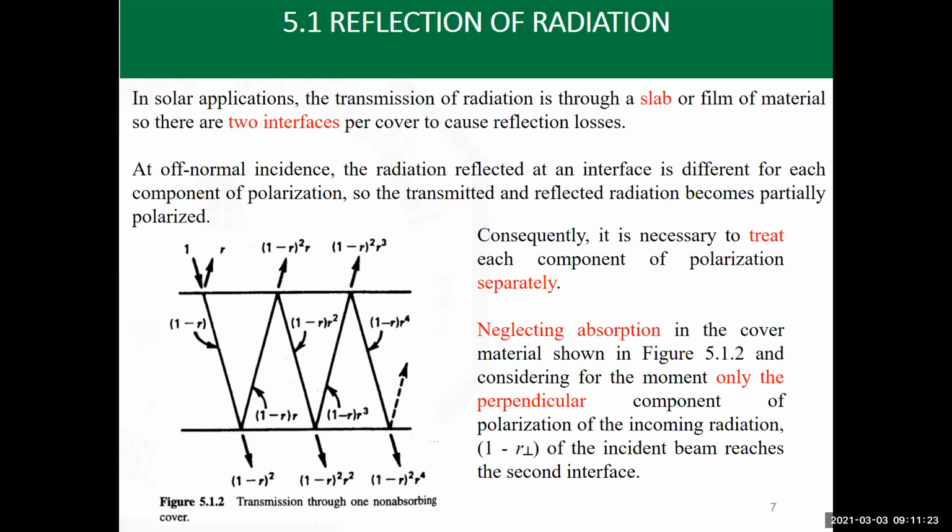So accordingly, it would be necessary to treat each component of the polarization separately. If we neglect absorption in the cover material, as shown in figure 5.1.2, and consider for that moment only the perpendicular component of the polarization of the incoming radiation, this is what we get: 1 minus R normal is what we are considering here.